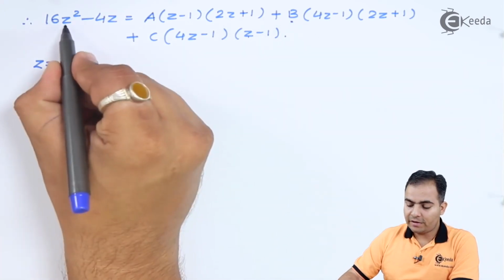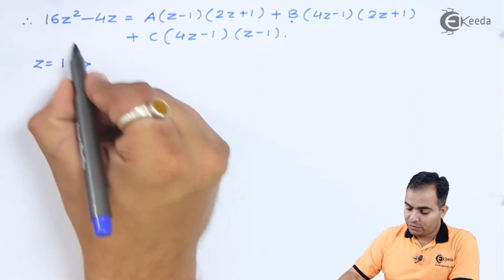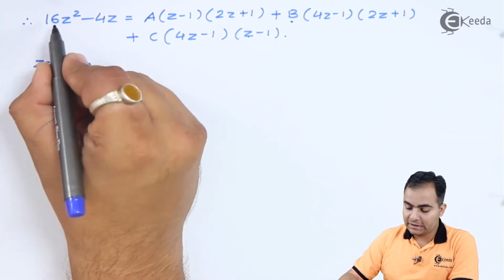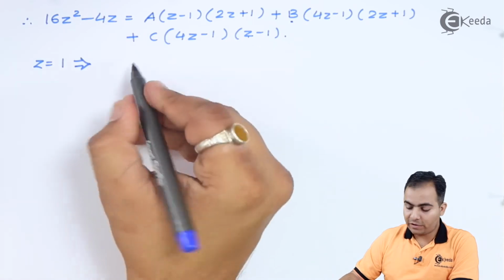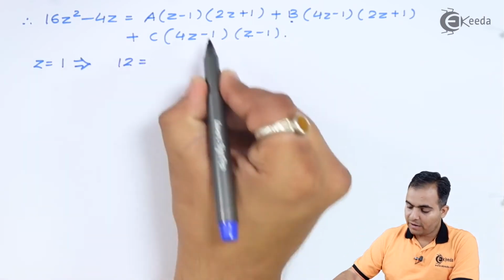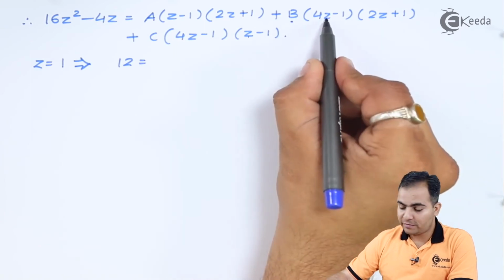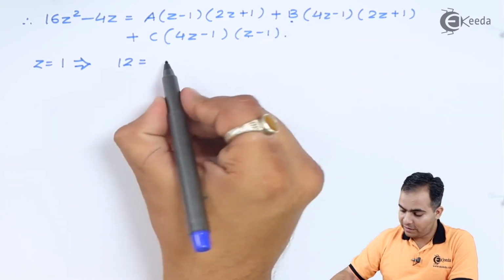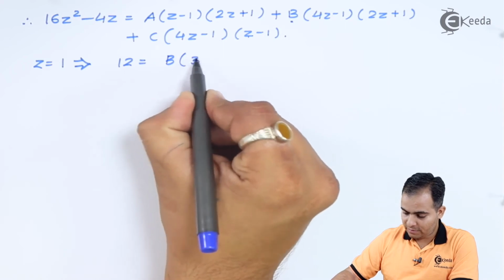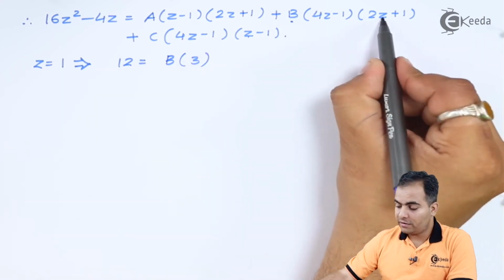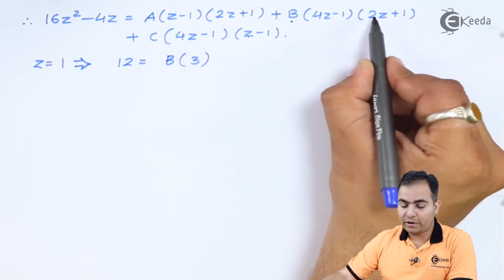Now I'll substitute 1 on the left hand side. So 1 square is 1, and 1 into 16 is 16, and 16 minus 4 is 12. These two terms are replaced by 0, so we'll directly move on to this. As this z is replaced by 1, 4 minus 1 is 3, and then here this z is replaced by 1, so 2 into 1 is 2, and 2 plus 1 is 3.